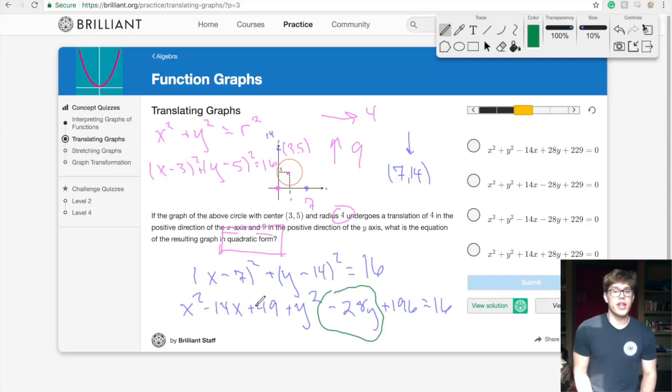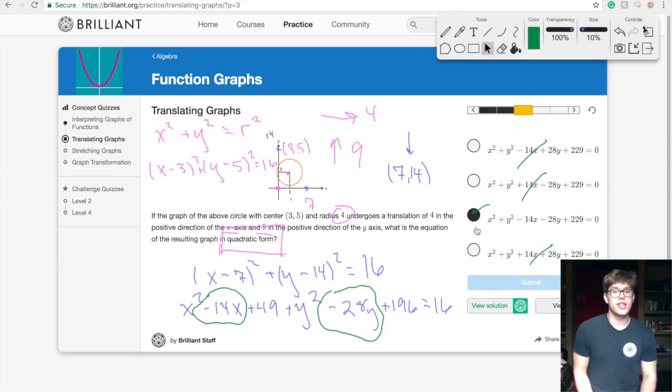I see that we have a negative 28y term here and a negative 14x term. Whenever I go over and look at my answer choices, I see a negative 14x and a positive 28y. This can't be it. Negative and negative, this looks good. Positive and positive, this can't be it. So my answer has to be C, as it's the only one where the signs of my terms match up.